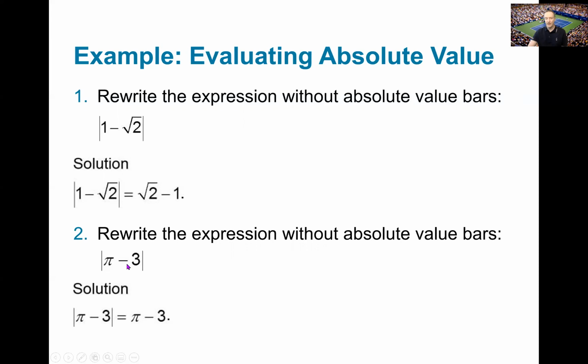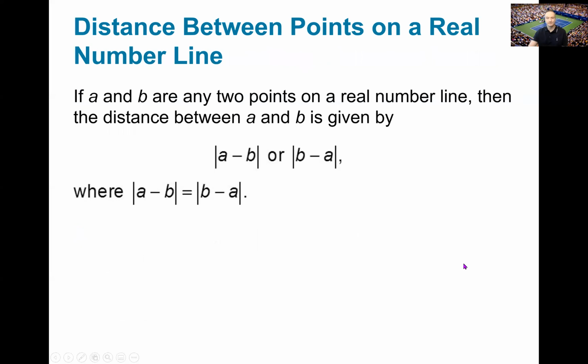Now, what about the absolute value of pi minus 3? You say, okay, pi is 3.1415926. When I subtract 3 from that, it's going to stay positive. So that absolute value does absolutely nothing in that case. So we can just say the absolute value of pi minus 3 is simply pi minus 3.